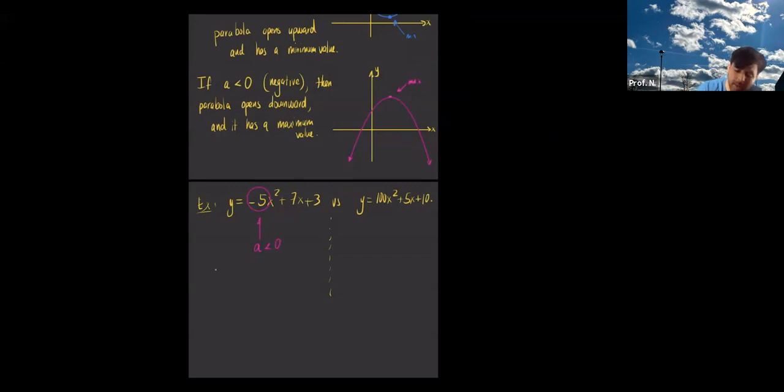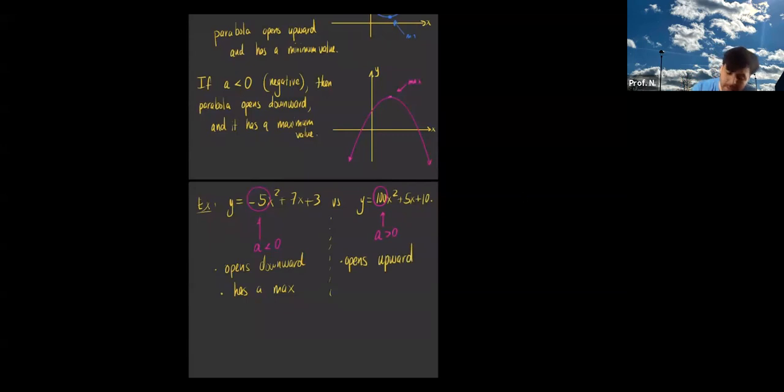So this opens downward. And not only that, this has a max. So it's going to look like a little hill with the maximum point somewhere. And then if you notice here, my a value is 100, but it's positive. So that means that it opens upward.